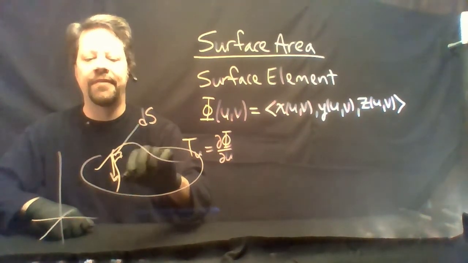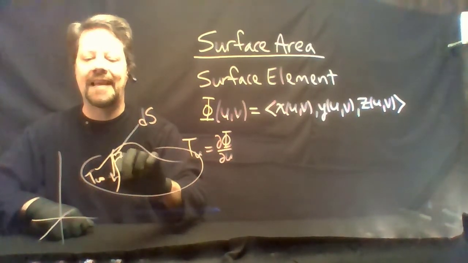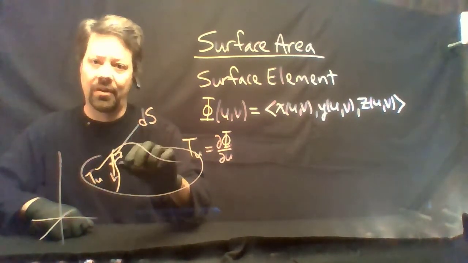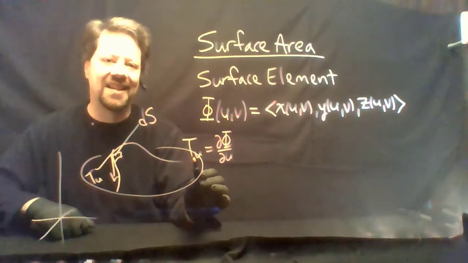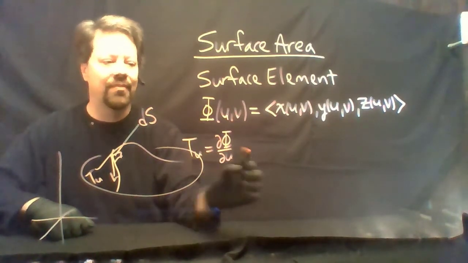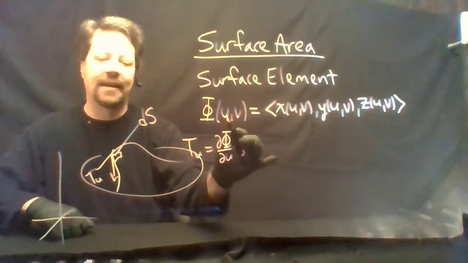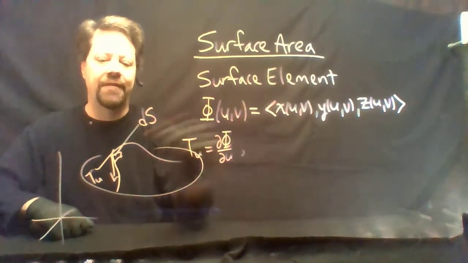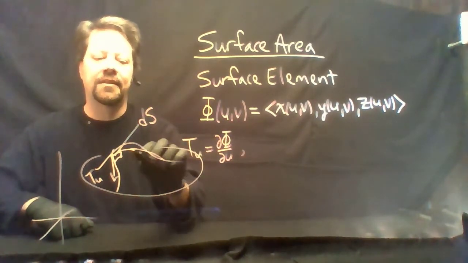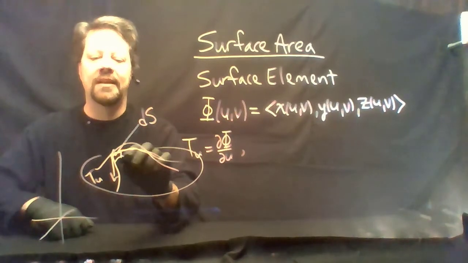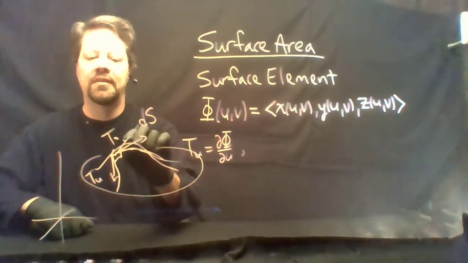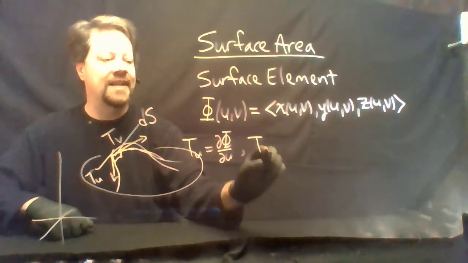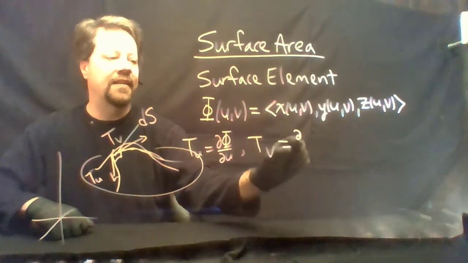Taking the derivative then gives us a tangent vector to that curve. We'll call that tangent vector t_u. Similarly, holding u constant and allowing v to vary gives us another curve on that surface. Taking the derivative, we'll get a tangent vector t_v.